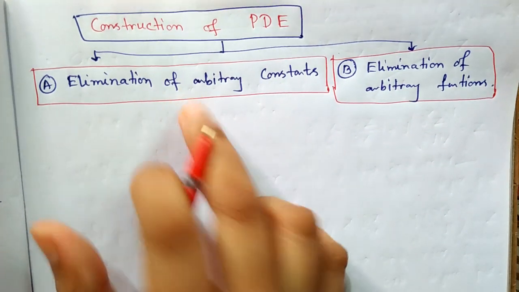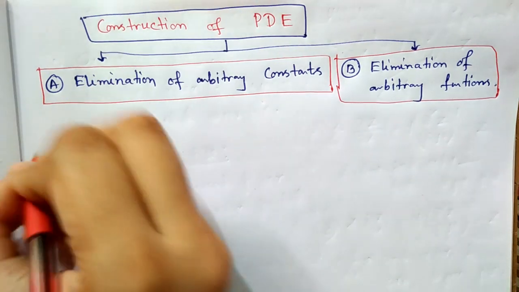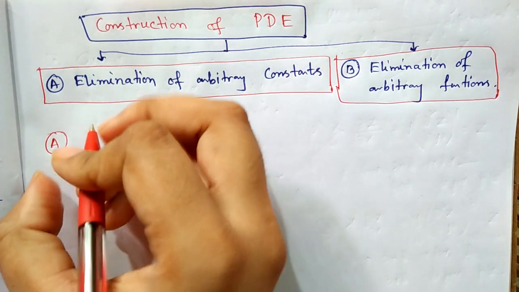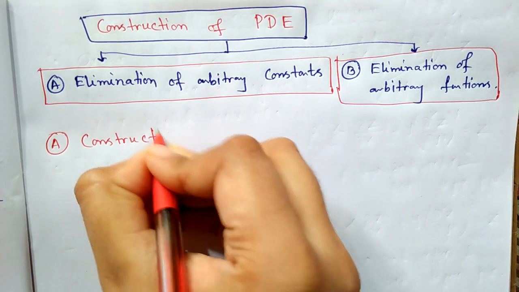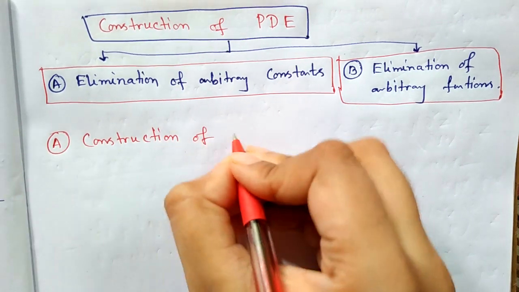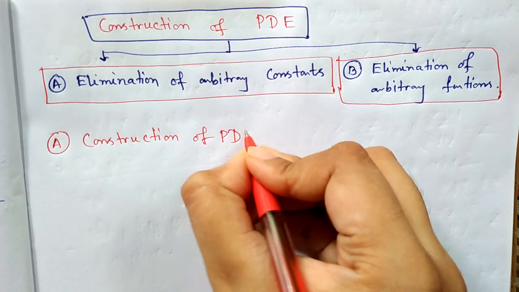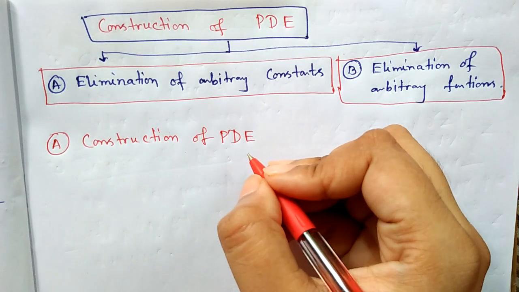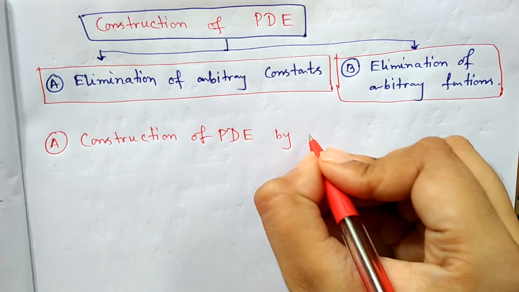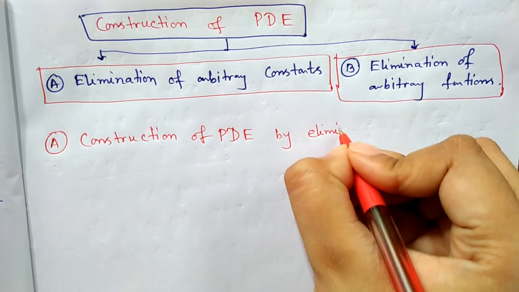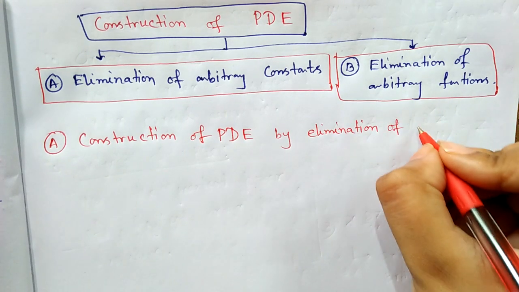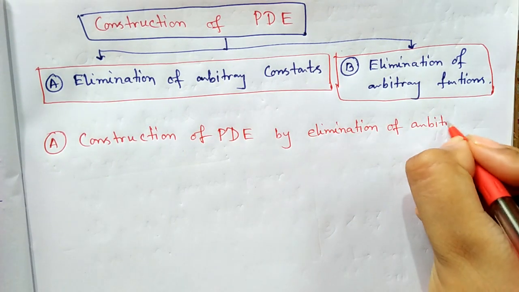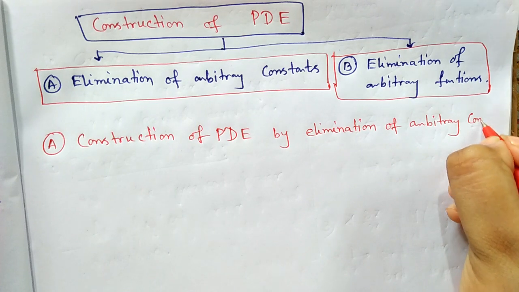Now, in this first case, let's start this first one, that is construction of PDE by elimination of arbitrary constants.